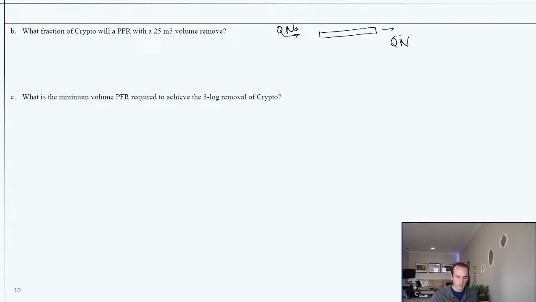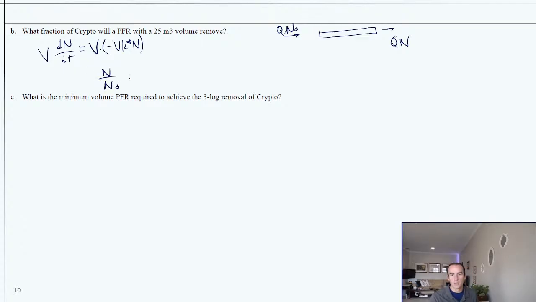And we're going to treat this largely like we would a batch reactor, where we have dN dt in some volume would be equal to, in that volume, the reaction rate, which would be the negative V K star N. This we can derive from there, as we've done a bunch of times.